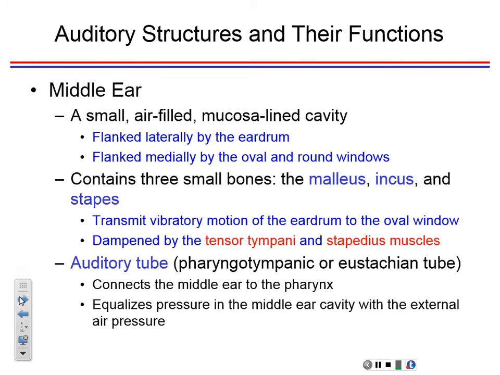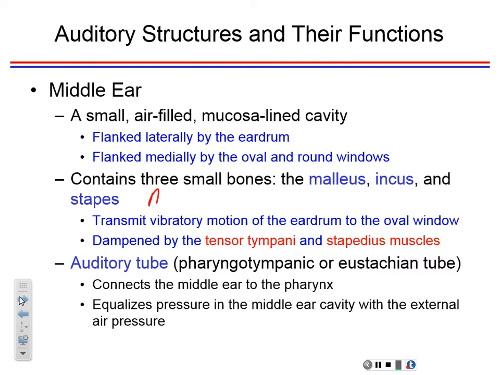So, auditory structures of hearing: the middle ear. The middle ear, we said, has three auditory ossicles. To the outside is the eardrum, and going medially towards the inside, you have the auditory ossicles arranged malleus, incus, stapes, in that order. And you know what it spells?